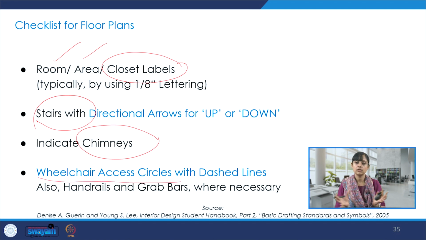There is a certain radius that you need for turning your wheelchair, so that has to be shown with dashed lines. These are all very important aspects, and our drawings should be the most effective to communicate even the smallest possible detail because they are important.